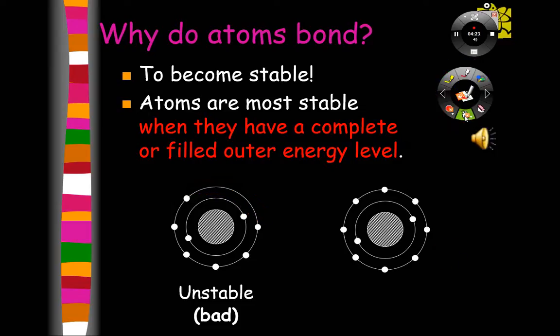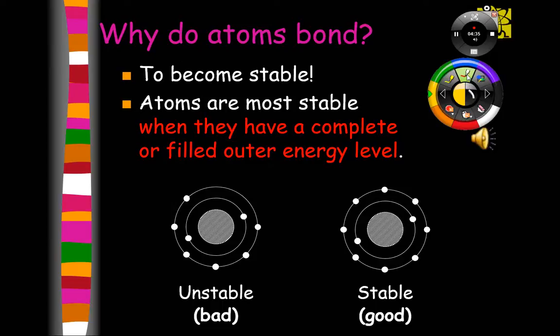So, in the second example, it's happy. It's stable. The first energy level can hold, and the magic numbers are, can hold 2 electrons. The second can hold 8. 1, 2, 3, 4, 5, 6, 7, 8. Very happy.